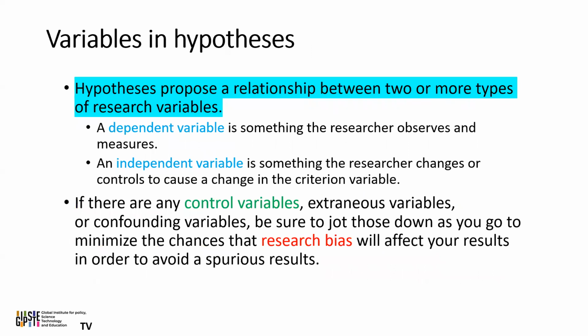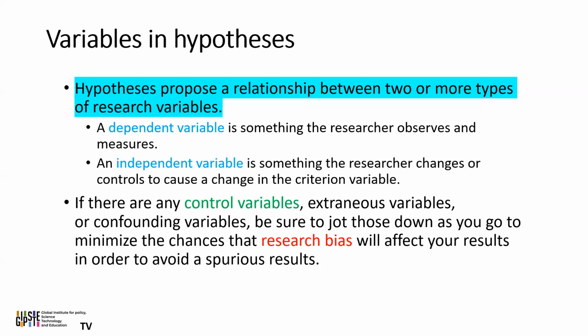Variables in hypothesis testing. Hypotheses propose a relationship between two or more types of research variables. As in our previous video, you saw research variables. In every hypothesis, you may see these two variables, the dependent variable and the independent variable. A dependent variable is something the researcher observes and measures. And an independent variable is something the researcher changes or controls to cause a change in the criterion variable, that is, the dependent variable.